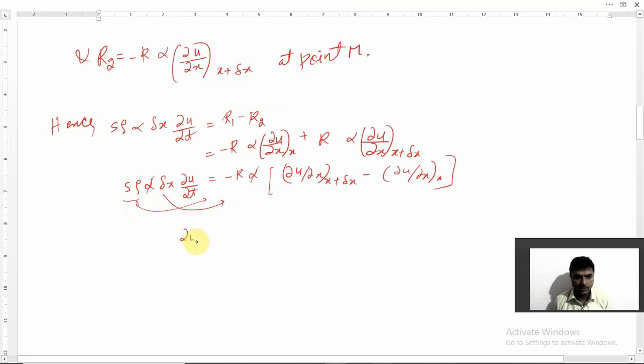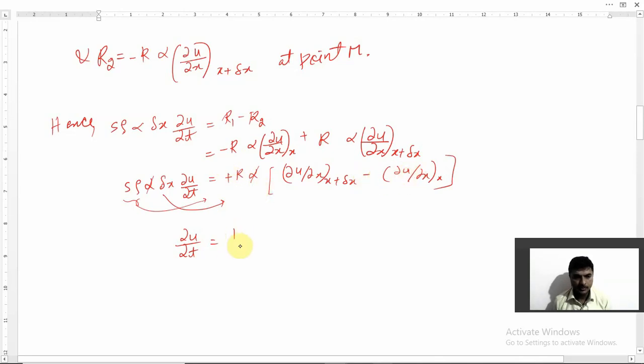So what is remaining here, students? Dou u upon dou t. Yes, change in the temperature. I want to see the one dimensional heat equation, students. Dou u upon dou t is nothing but the one dimensional heat equation. Change in the temperature I wanted to calculate. So this is equal to, minus, I have taken inside in this, so it will become plus.